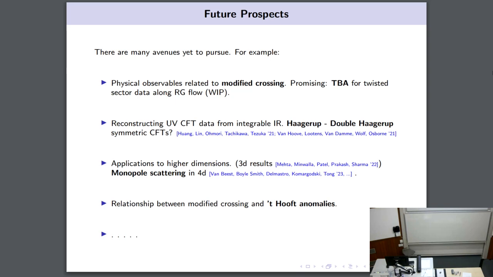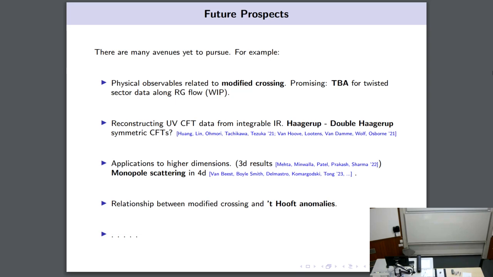And another very nice example to do is this Haagerup symmetry, for which people have tried to construct a CFT with this algebra symmetry for a while, and they have some kind of lattice extrapolation that tells that this exists, but just numerics, and the TBA is very, very precise, so it will be very interesting to use this.